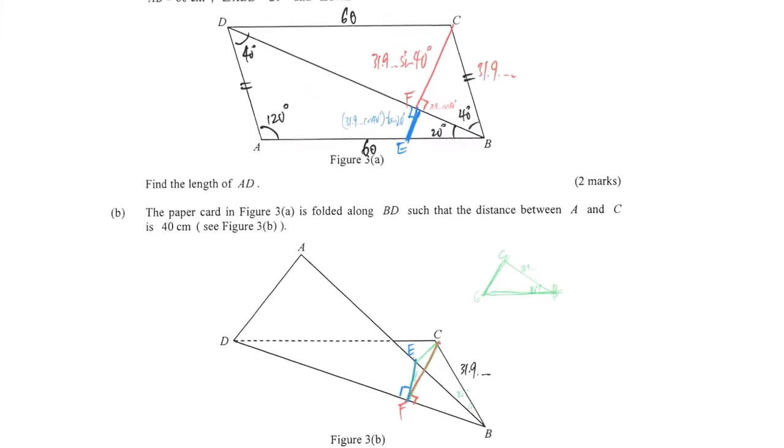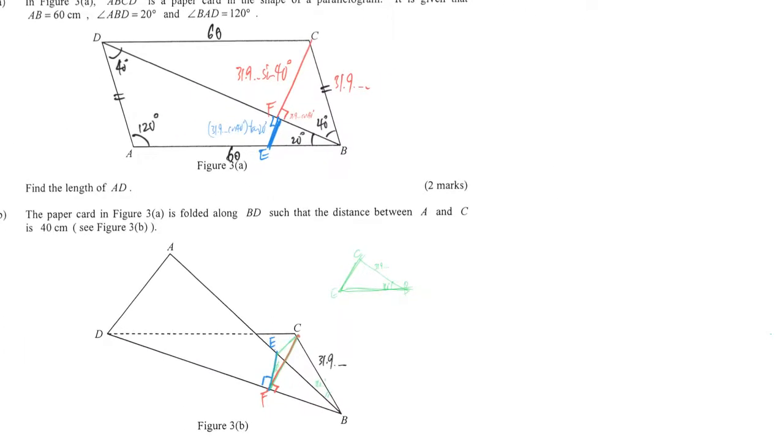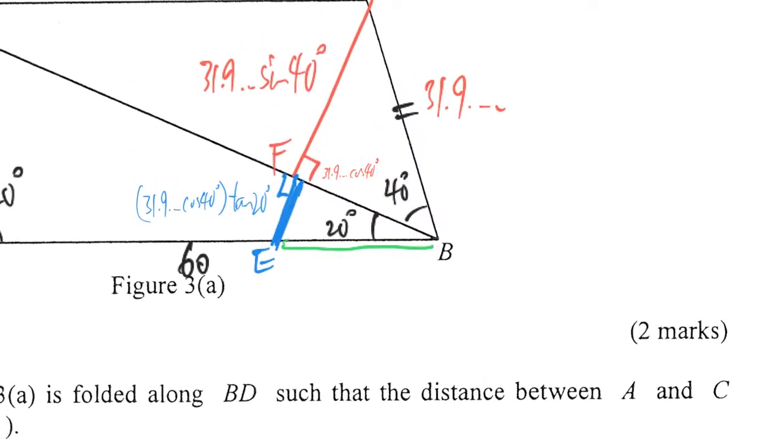So go back to the net and see whether we can get EB. Okay, EB is here, so we can still get it. This is 31.9 cosine 40 degrees from this line, and then divided by cosine 20 degrees. Even though it's complicated, we can still get it.